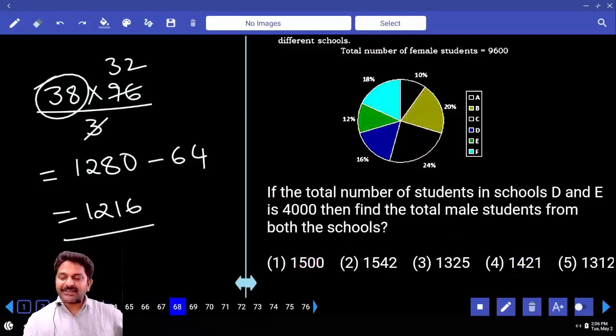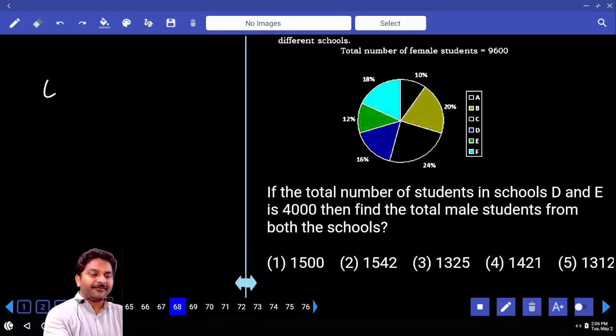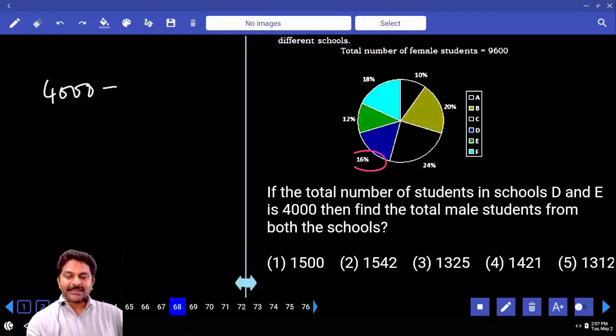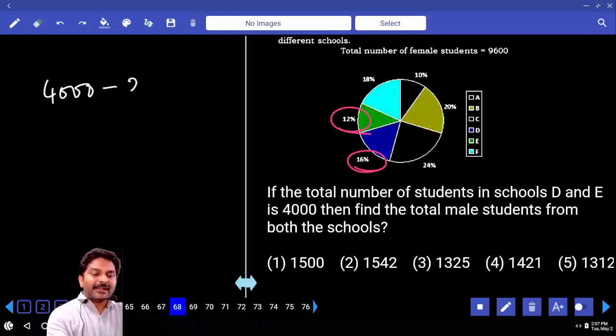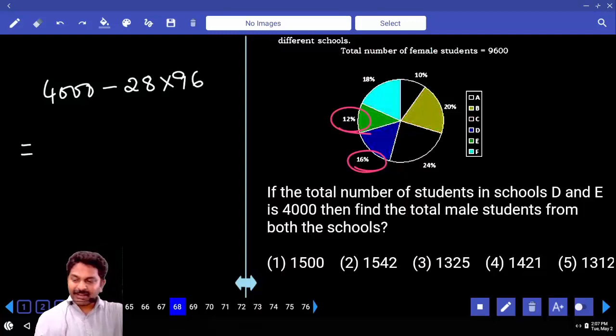If the total number of students in school D and E is 4,000, find the total male from both schools together. So from 4,000 we have to subtract female. How many female are there? 28%, where 1% value is 96. Correct?